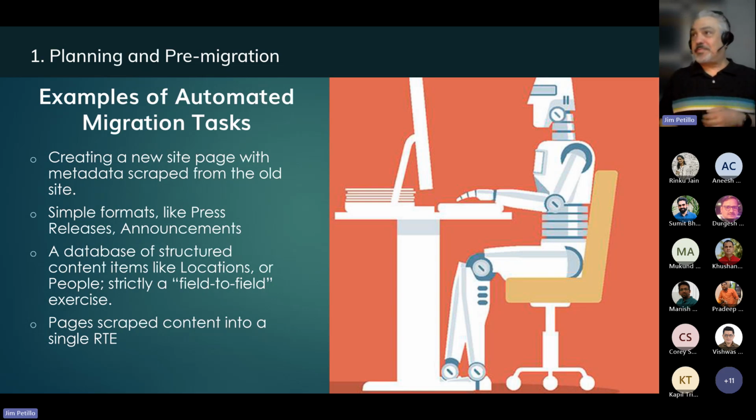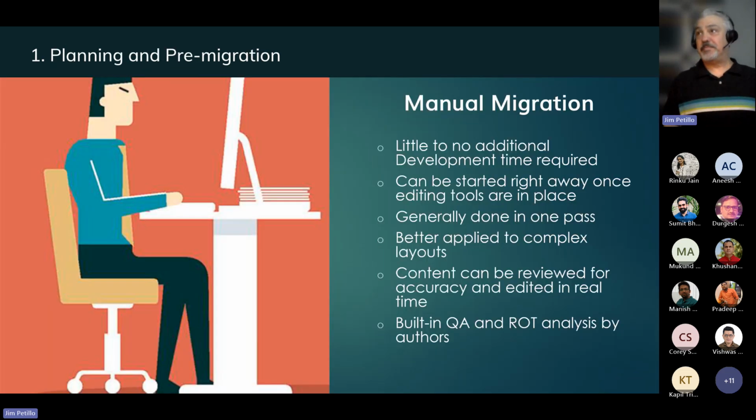And again, it works best for items that are in simple, consistent formats like press releases or databases of structured items like locations or people. Content can also be scraped and added into a single RTE field that authors will need to reformat into a better layout using text and other different components that you put onto your site.